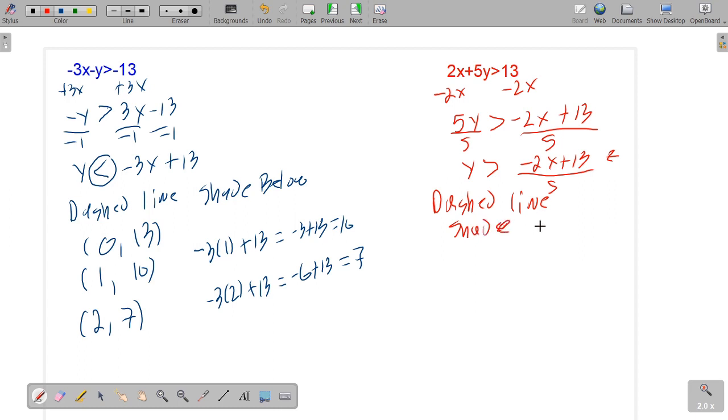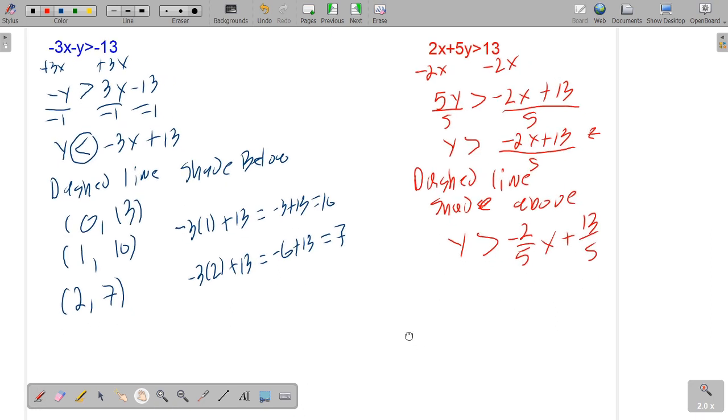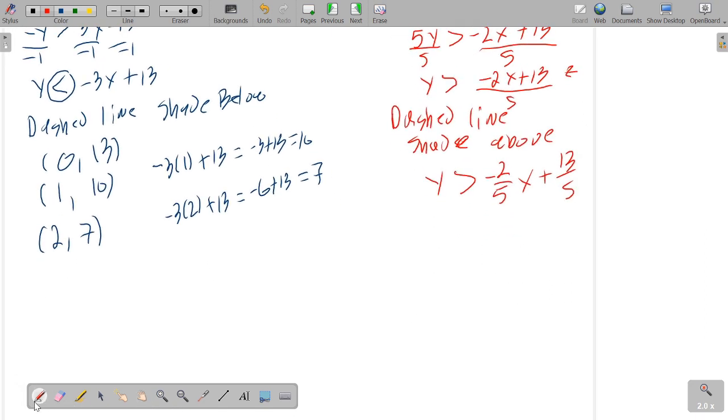Shade above. So we could also write this as y is greater than negative 2/5 x plus 13/5. So let's start picking values here that are going to be 0, 1, 2, 3, 4, and that's it.